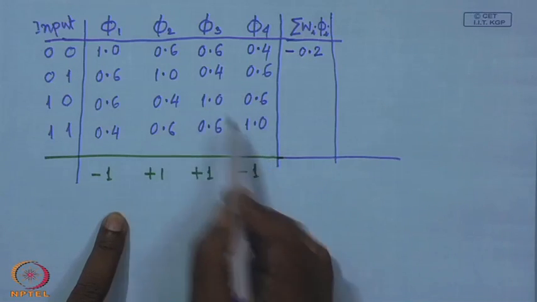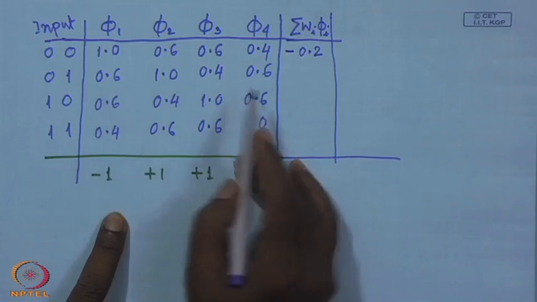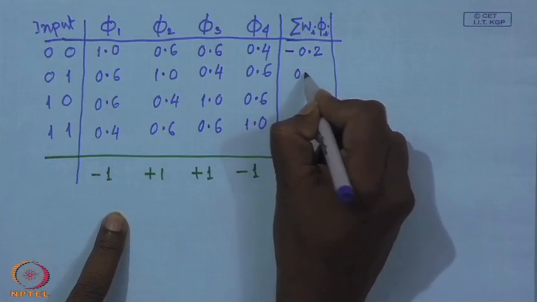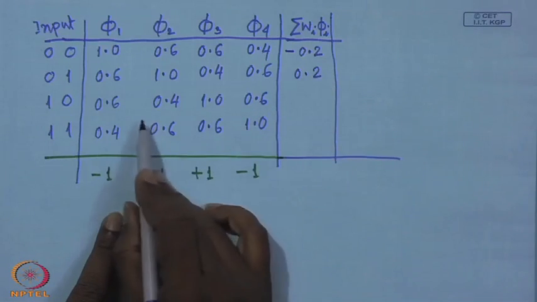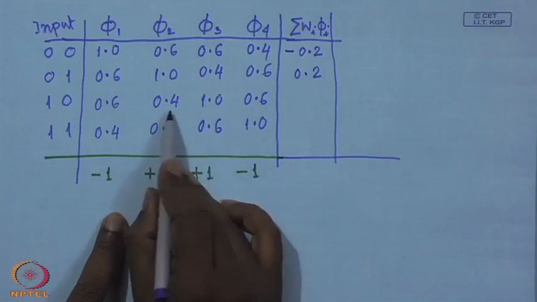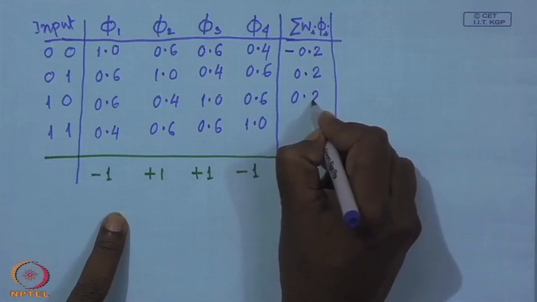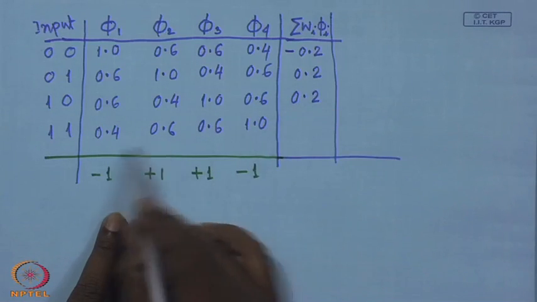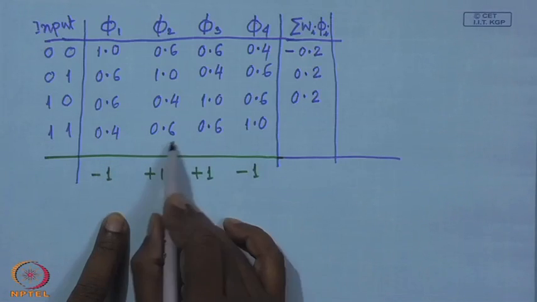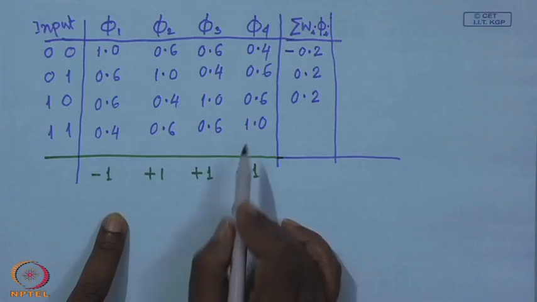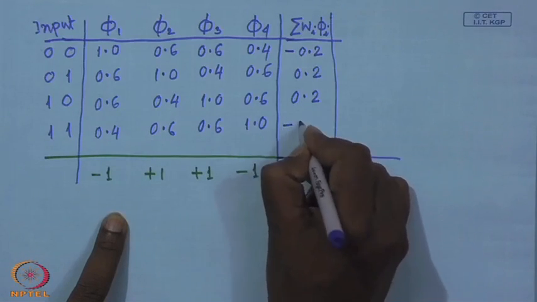Similarly, here it will be 1.4 minus 1.2, so it will be plus 0.2. Here again it will be 1.4 minus 1.2, so this is plus 0.2, and here it will be 1.2 minus 1.4, so this is minus 0.2.